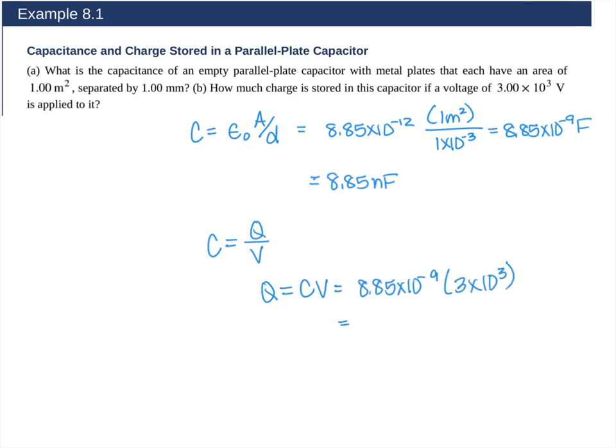And this gives us 2.655 times 10 to the minus 5 coulombs, which I could write as 26.55 microcoulombs. So that was a pretty straightforward problem.